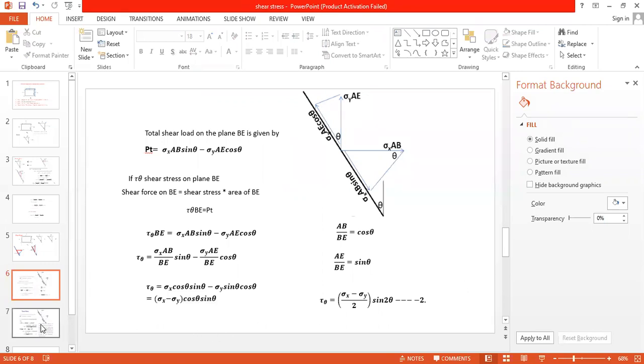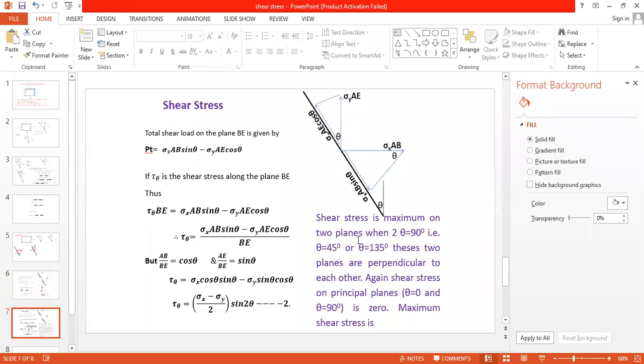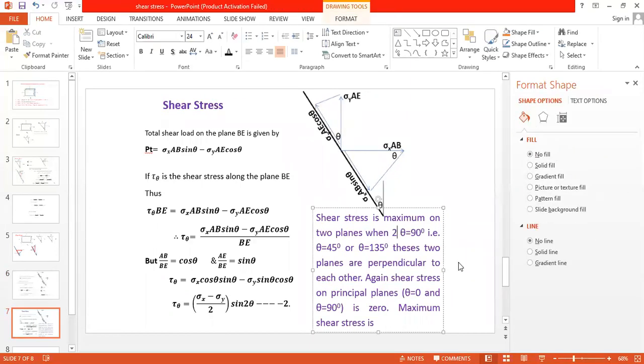Okay. Now we will see the observations related to this one. Now see here. This is the equation I have already derived: sigma x minus sigma y by 2 sin 2 theta. Now see here, shear stress is maximum on two planes. Which are those two planes? One is when 2 theta is equal to 90 degree, means theta is equal to 45 degree.